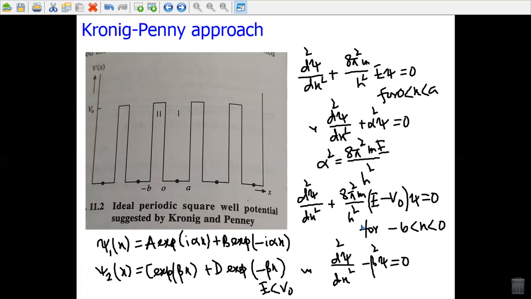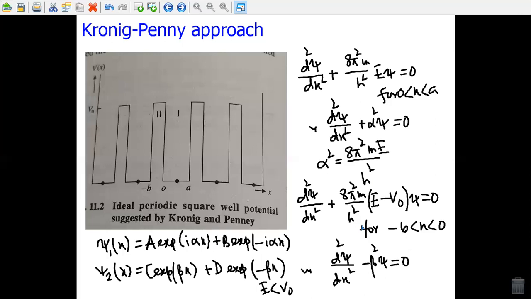So since the expected solutions of these two Schrodinger equations should have the form of a Bloch function, this requires both psi and the first derivative of psi with space, that is d psi by dx, to be continuous throughout the crystal.